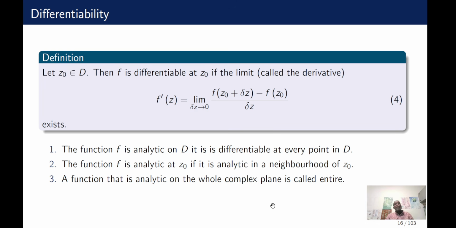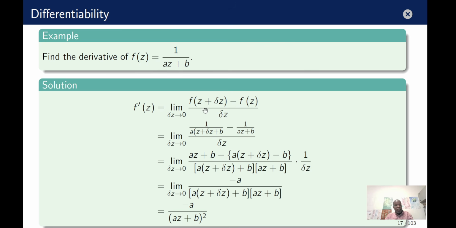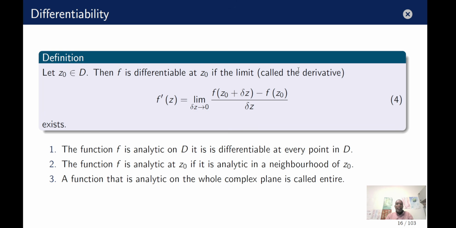If you are at a point z equal to z naught, then you say f is differentiable at that point if the limit, which we call the derivative, exists. So the derivative is the limit as delta z goes to 0 of f of z naught plus delta z minus f of z naught, over delta z. You remember how we defined this, even for real functions. It is just the short code.